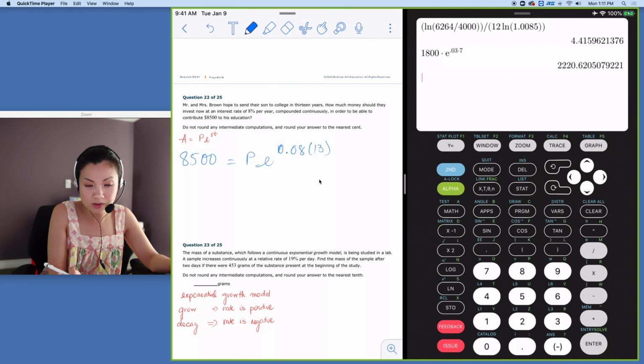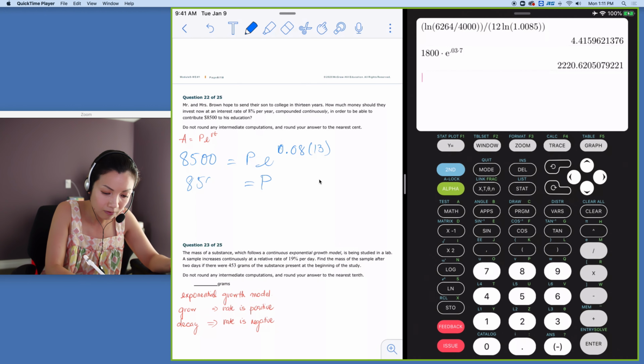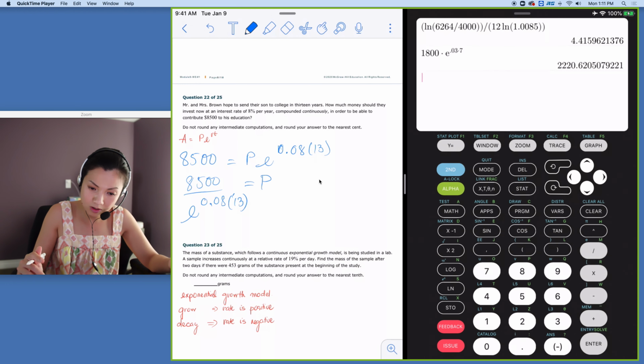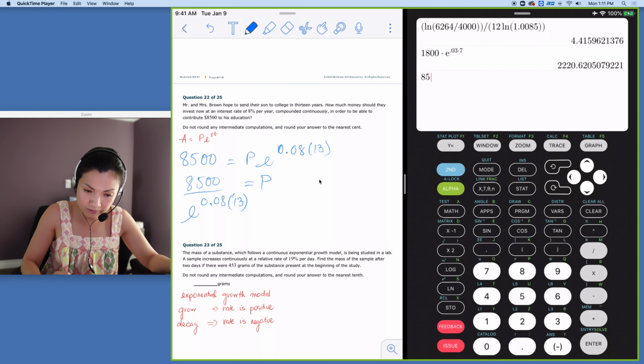Okay, so slightly different because this time you're looking for P, so I have to divide. And then you once again use the calculator for it. Okay, so I have 8,500 divide by, I'm going to put parenthesis just to be sure.